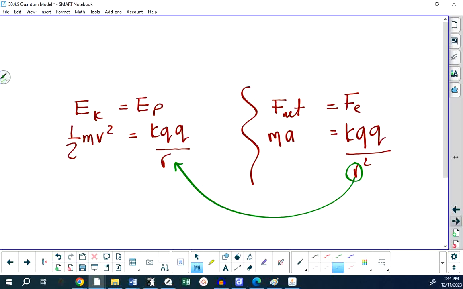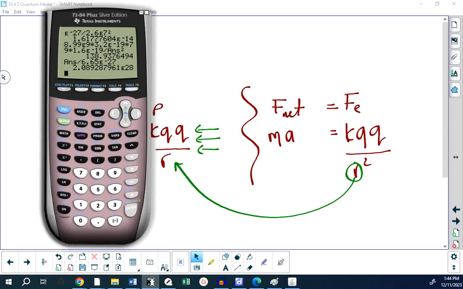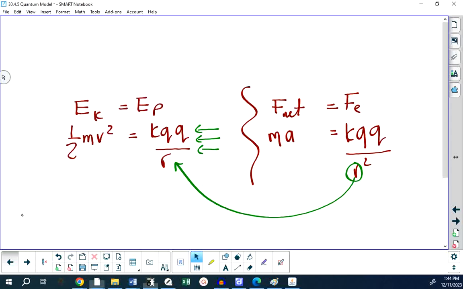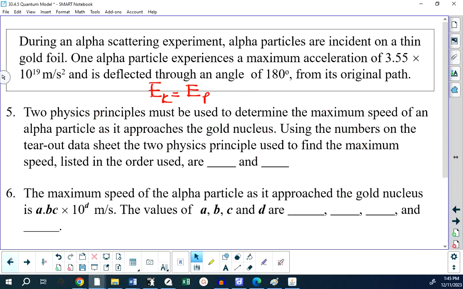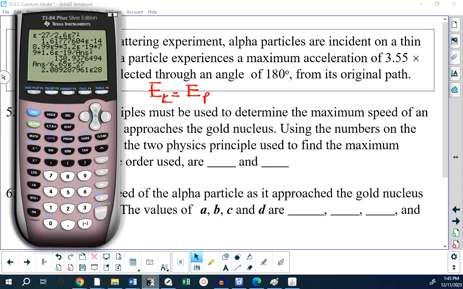There is nothing simple about this question, especially given that this thing here is a new formula, right? So how do I find the net force? I take the mass times the acceleration, and I hope you understand I'm finding the maximum net force because I'm taking the maximum acceleration. And then when I find r with the maximum force, I'm finding the minimum r. That will allow me to find the potential energy at that point.